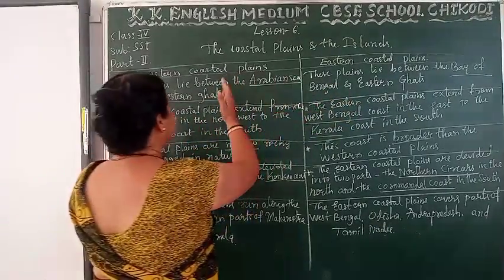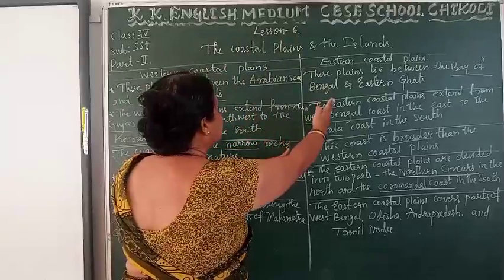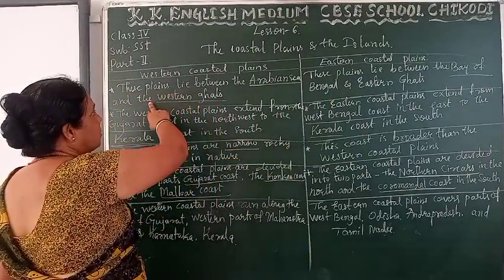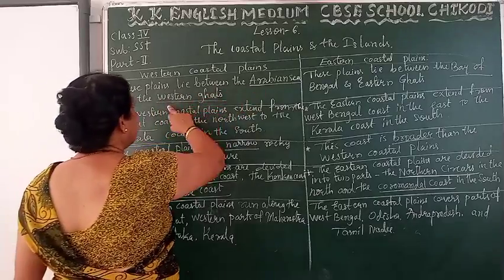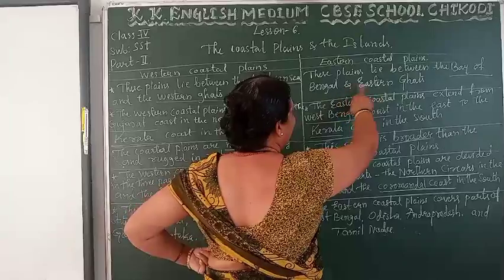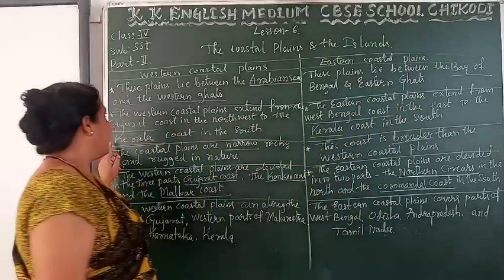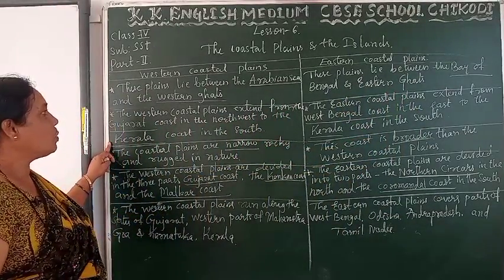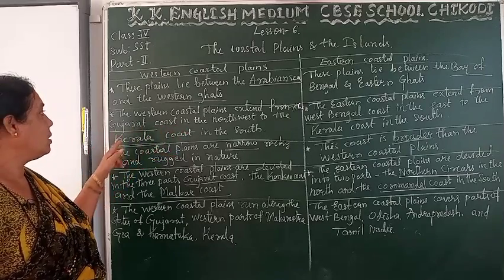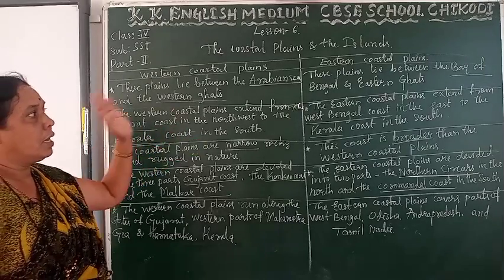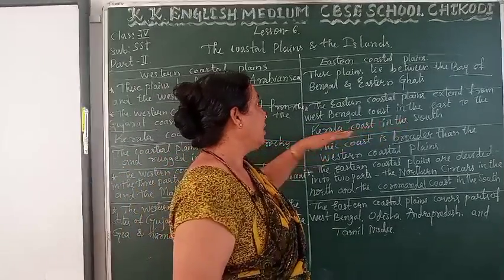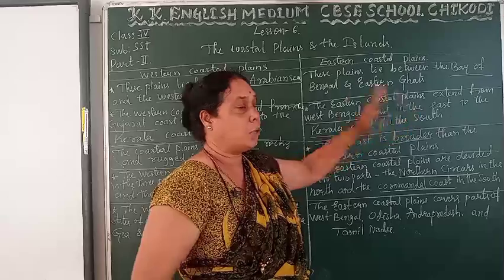The Western coastal plains extend from Gujarat coast in the northwest to the Kerala coast in the south. Eastern coastal plain extends from West Bengal coast in the east to the Kerala coast in the south.